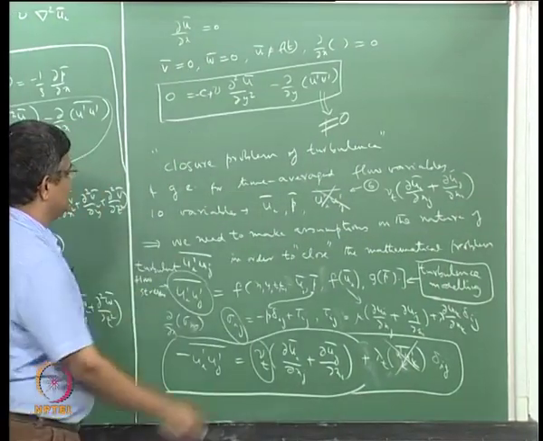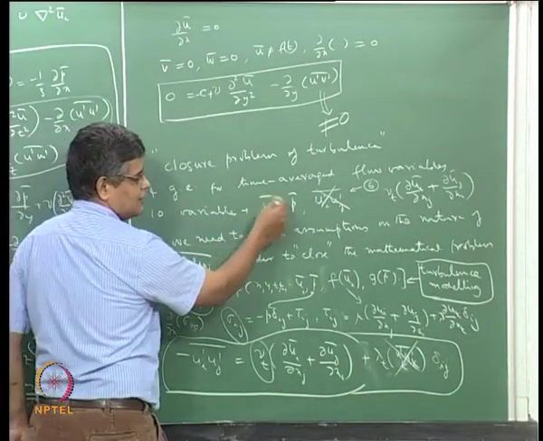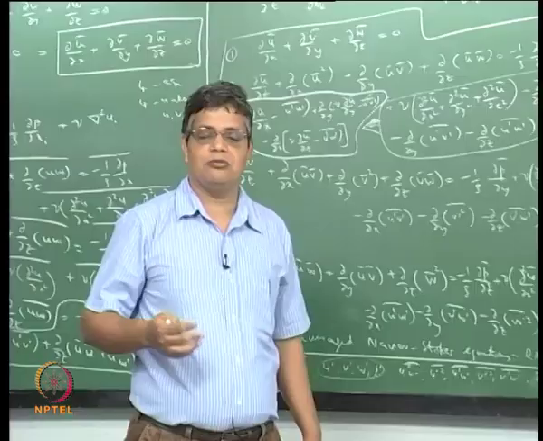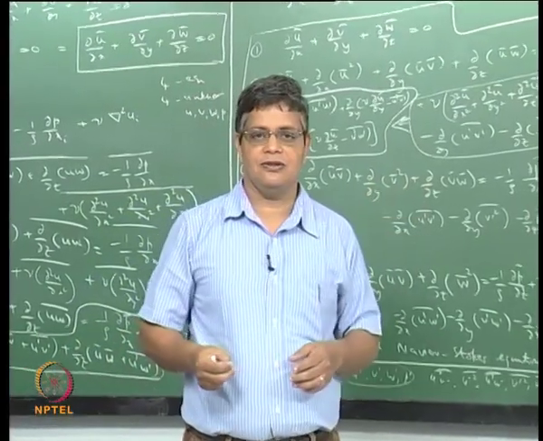So if we do that, then we have u bar which are also appearing here, and the only variable is nu t. So the problem of turbulent closure can be at once brought down to specification of turbulent viscosity.